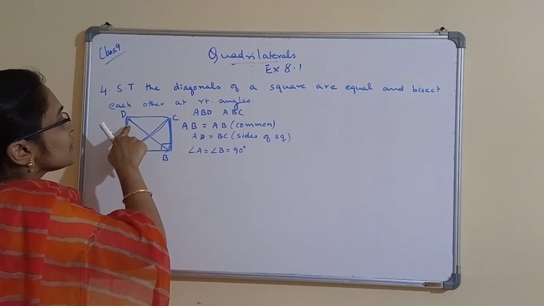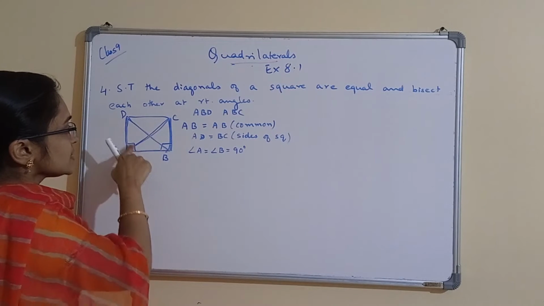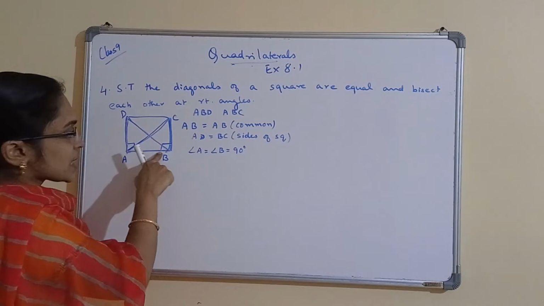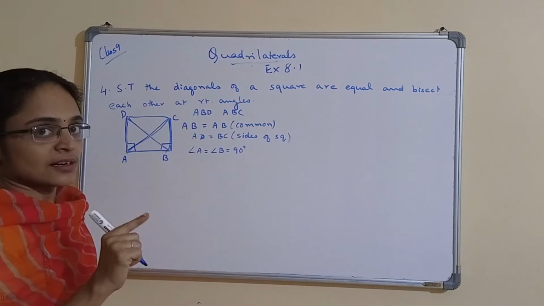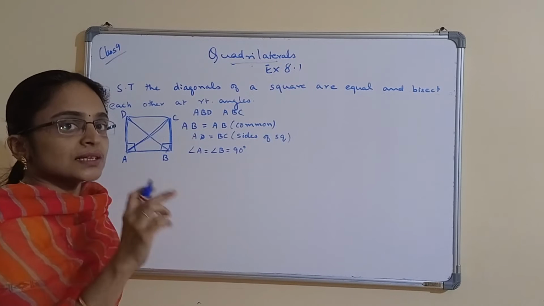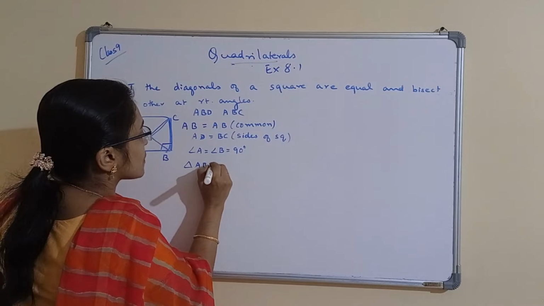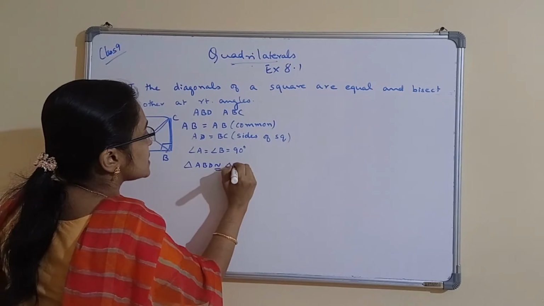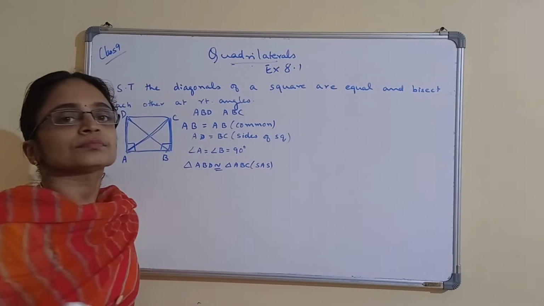That is, we have two sides which are equal and one angle in between the sides which is equal, which means triangle ABD is congruent to triangle ABC by SAS congruence rule.